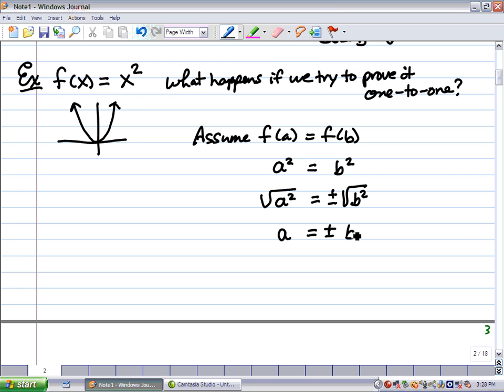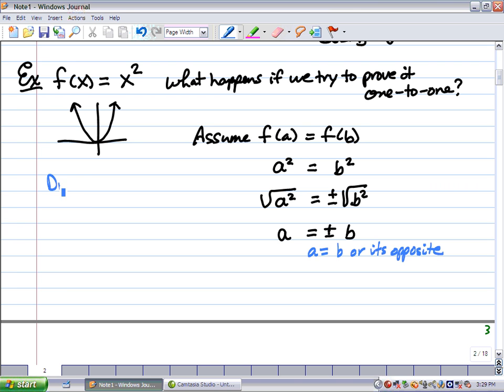Technically it's the absolute value of a and the absolute value of b. But the point is, whatever b is, a could be b or minus b. So I'm not proving that a equals b. I'm saying a equals either b or b's opposite. So that's a problem. That's not one-to-one.